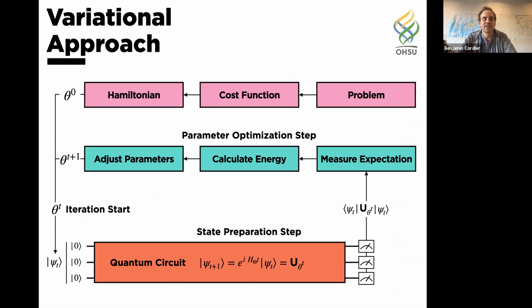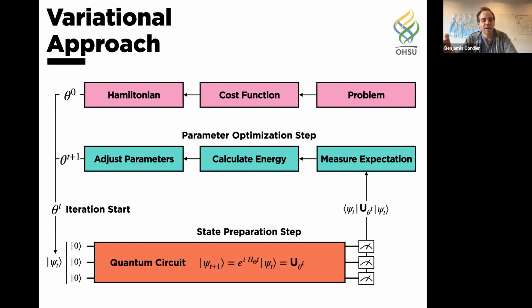The basic idea here is that you have a problem and you leverage your domain knowledge of that problem to devise a cost function, and you include that in a Hamiltonian, which describes the dynamics of the quantum system.